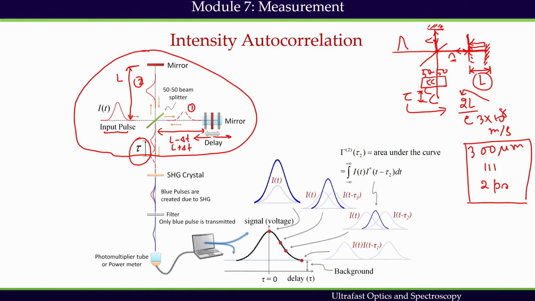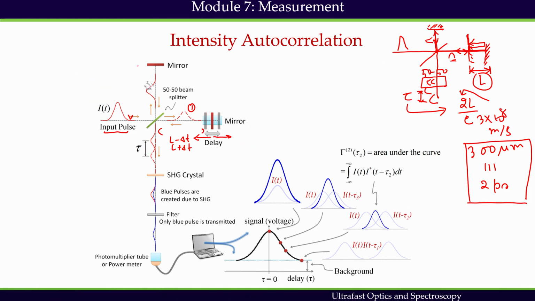So with this information, we can go back to the Michelson interferometer, and we see that in the Michelson interferometer we have now two pulses coming out of the interferometer.